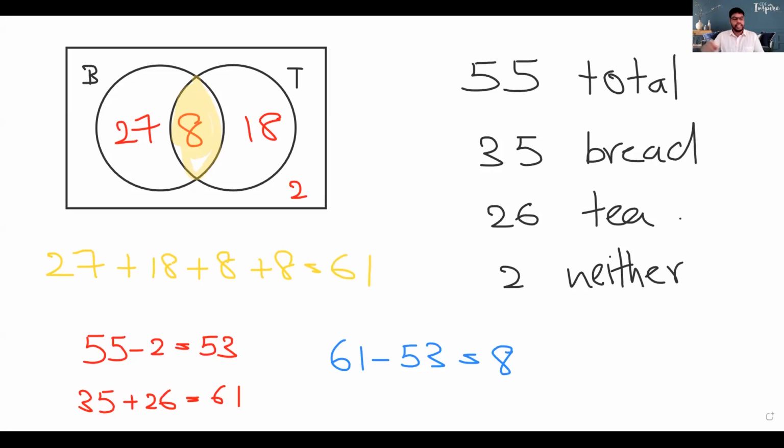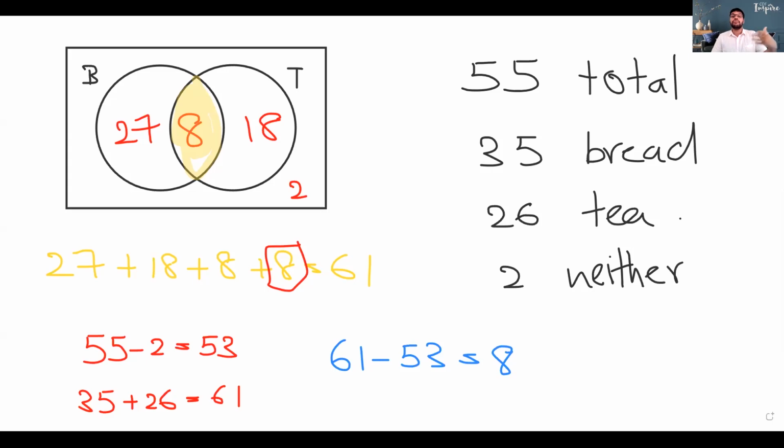Do you see how I'm getting this 61? I'm adding an extra 8. If not for this extra 8, I would get the proper number of total people inside the 2 circles. So from 61, I subtract 53, and that will give me the repeated amount, which is 8.